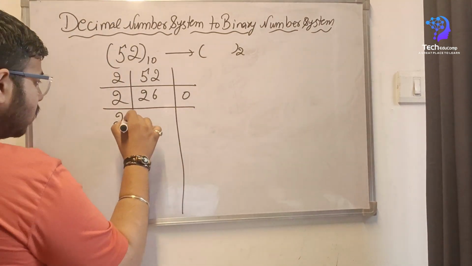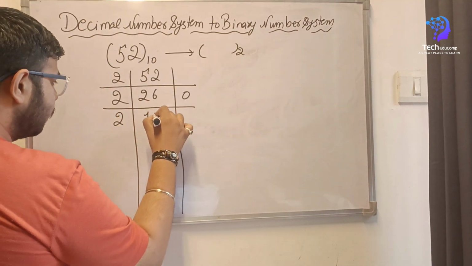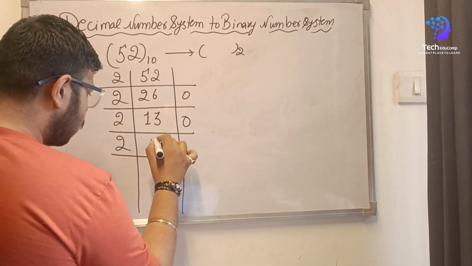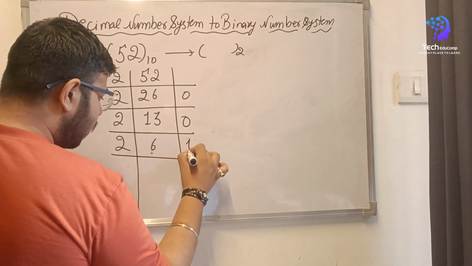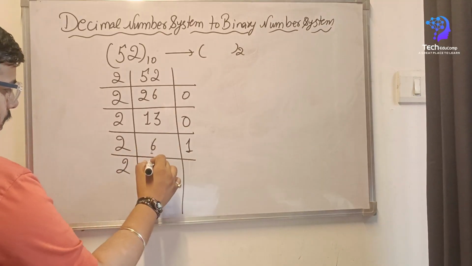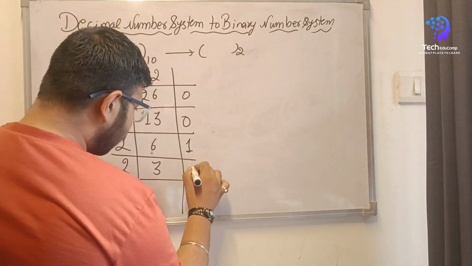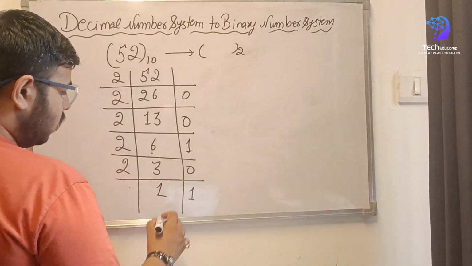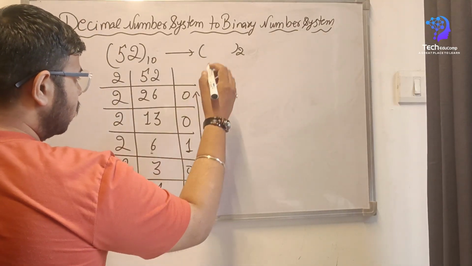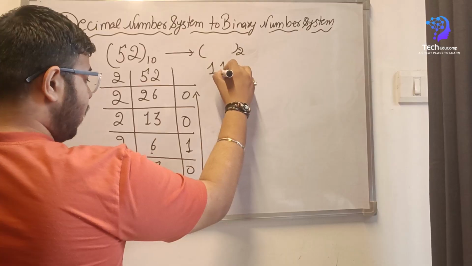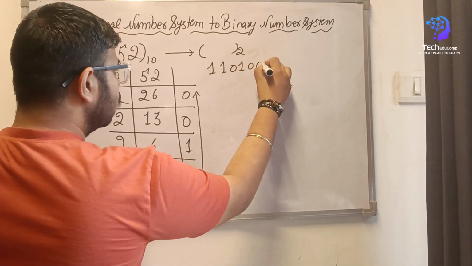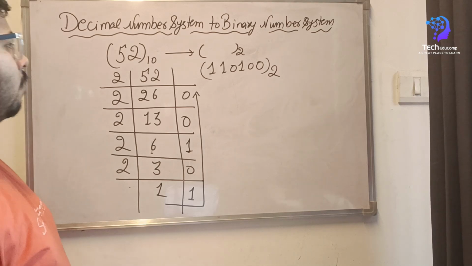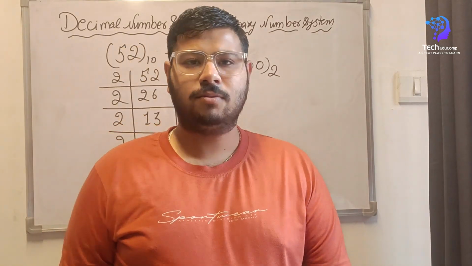Then 26 divided by 2 is 13, remainder 0. Then 13 divided by 2 is 6, remainder 1. Then 6 divided by 2 is 3, remainder 0, and 3 divided by 2 is 1, remainder 1. So this will be your answer: 110100. This will be your binary number for decimal number 52.